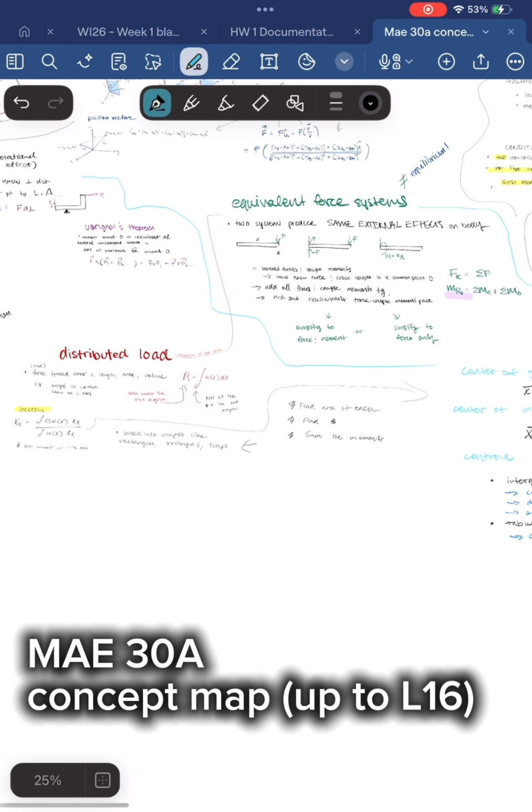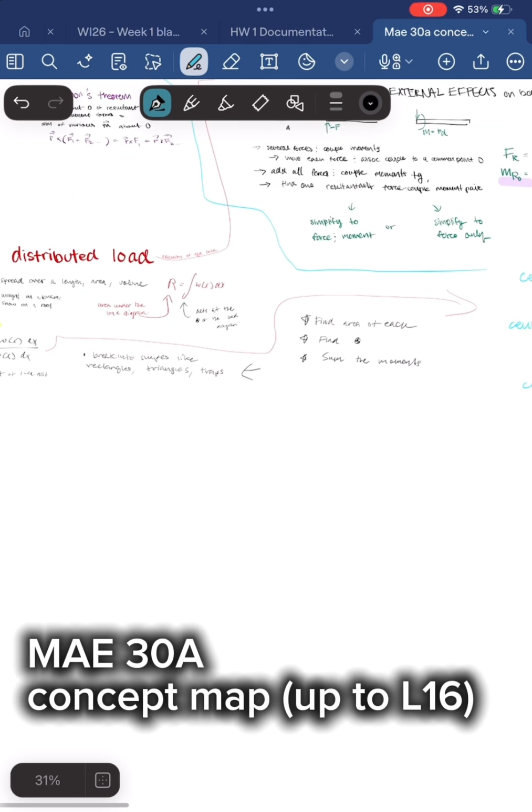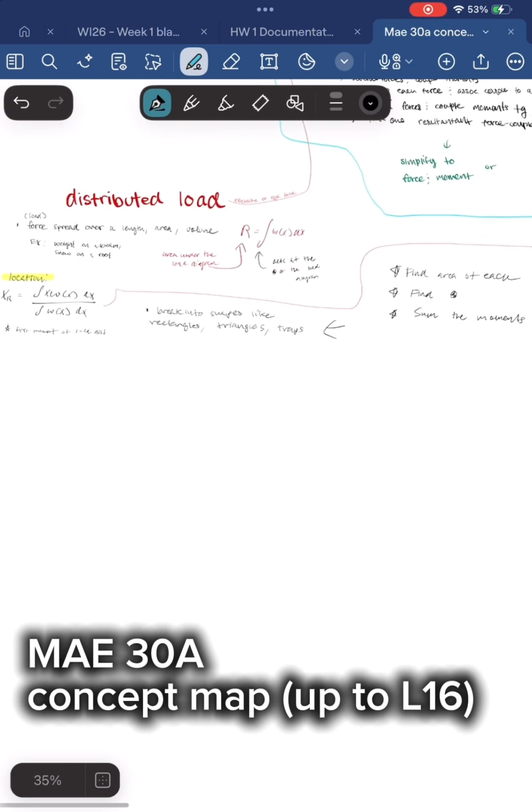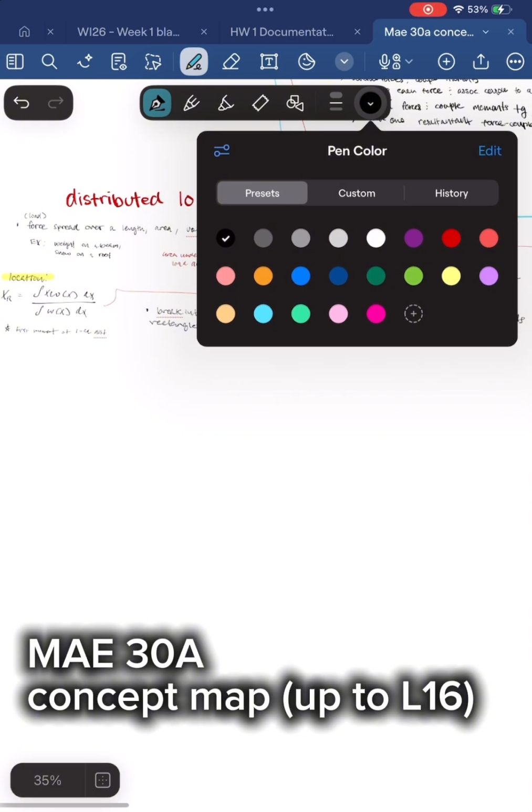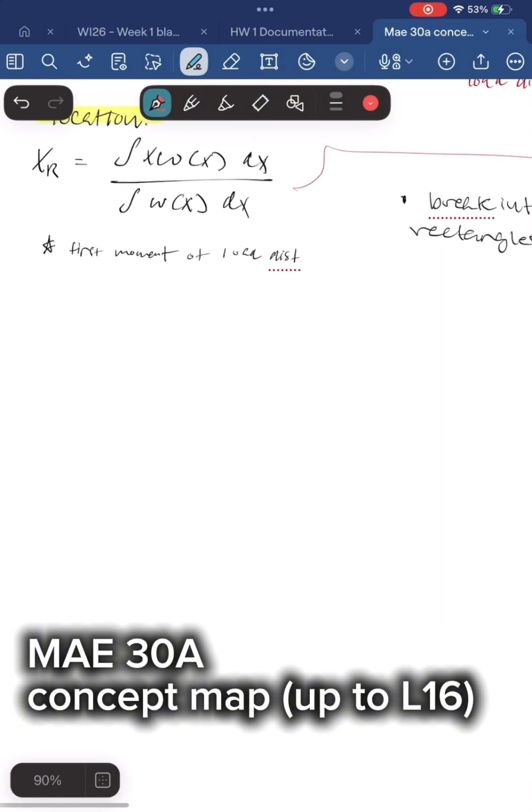So let's think of some real life examples. Distributed loads are common in things like beams, bridges, structures.